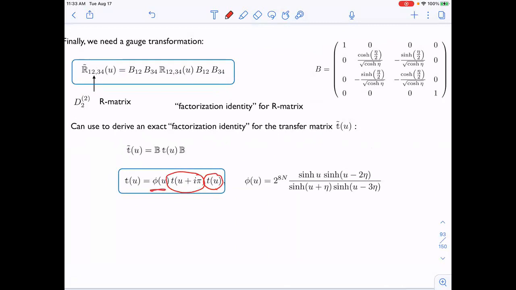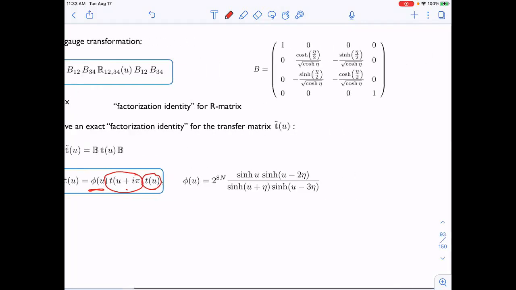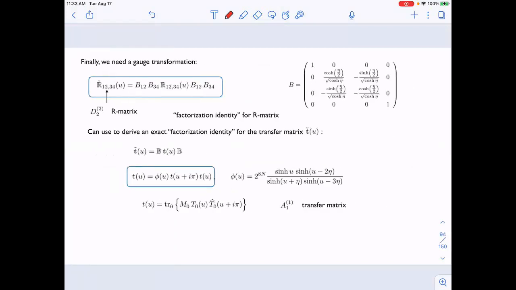And this guy here is just a very simple overall scalar factor, which I've written here. So basically, it's just given by a product of two T's with a shift, U plus i pi. And that's exact. It's true for any finite value of the length of the chain. So that's really the main take-home message, that such an identity exists.